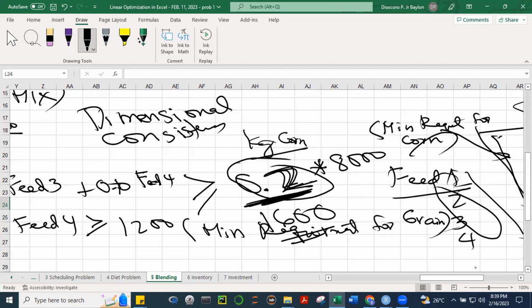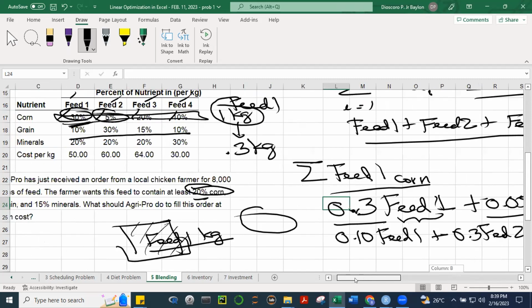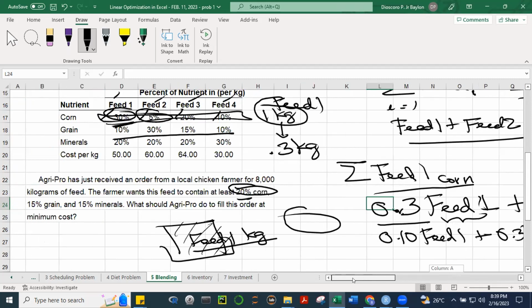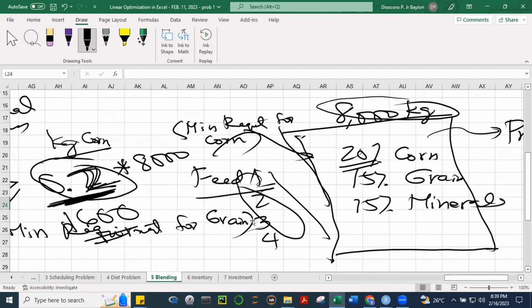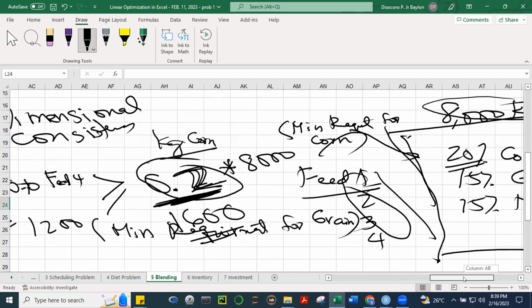All right. Minimum requirement for corn, and then lastly, which I will not write, I'll just leave it up to you. So that's 20% times feed 1 plus 20% feed 2 plus 20% feed 3 plus 30% feed 4 should be greater than or equal to also 1,200, and that's the minimum requirement for minerals.